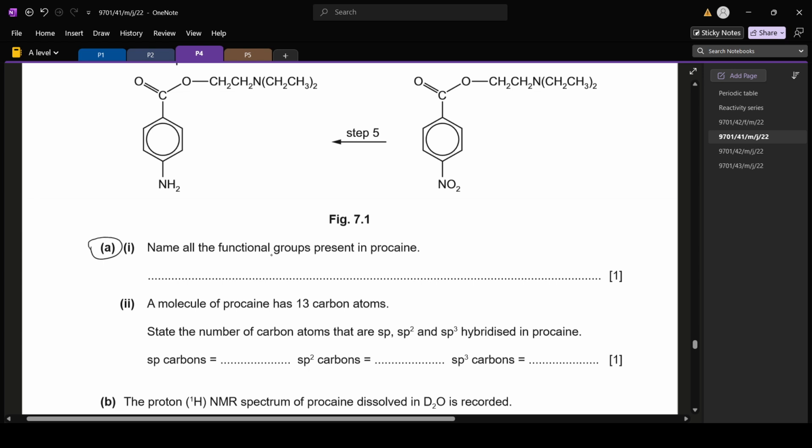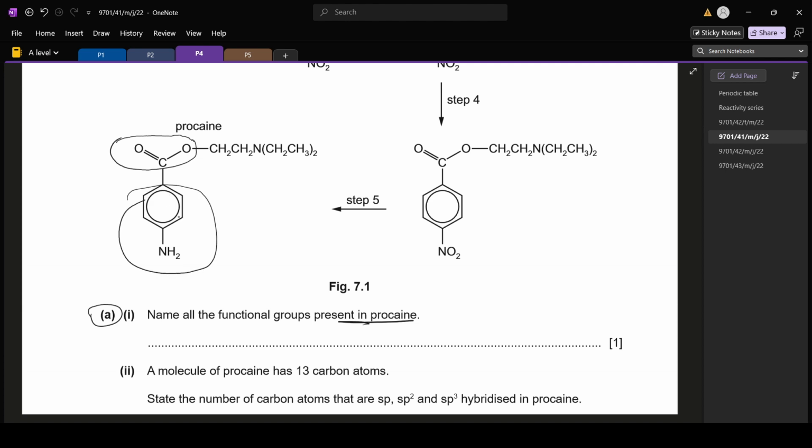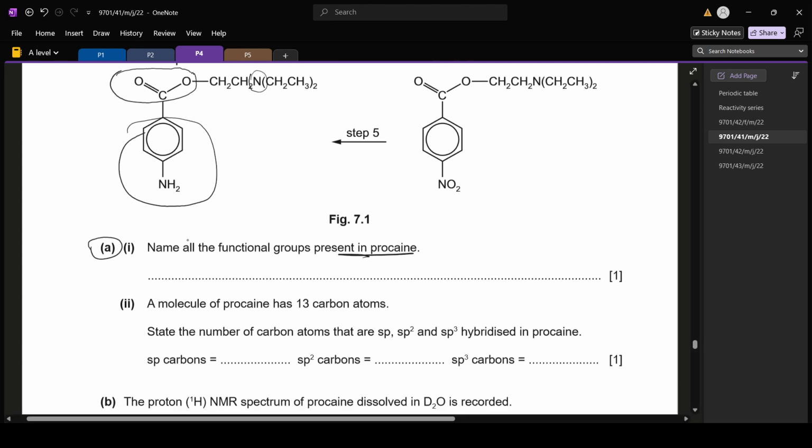Part A, name all the functional groups present in procaine. So here you will have an ester group, then you have the phenylamine group, and you have an amine group as well.